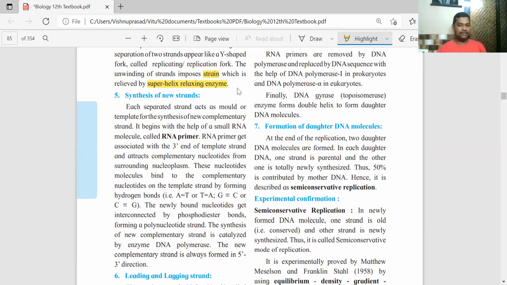What will be synthesized, as I said, can only be made in the 5 prime to 3 prime direction.